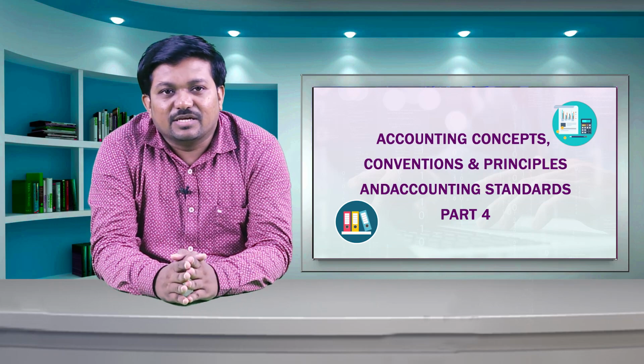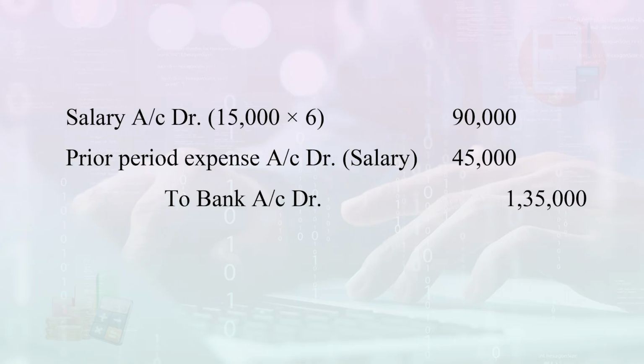An accounting entry should be passed. Salary account debited with the amount of 90,000. Prior period expense account also gets debited, that is salary of 45,000 rupees, to bank account rupees 1,35,000.